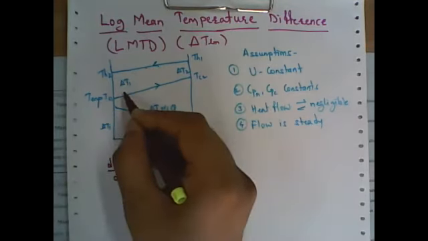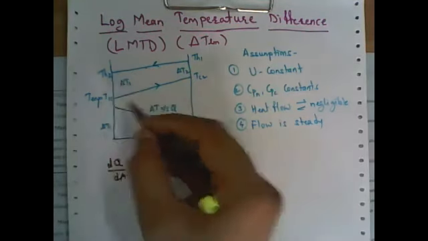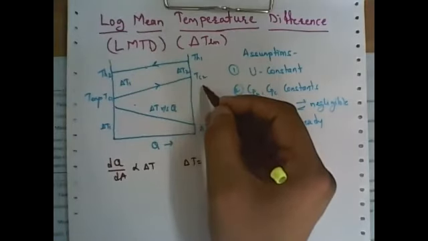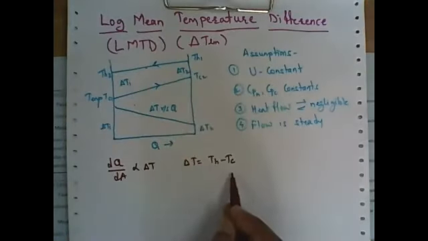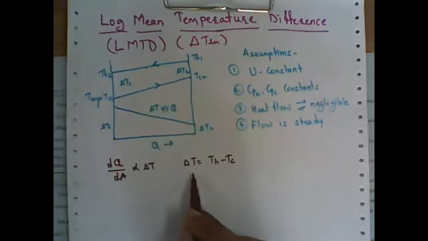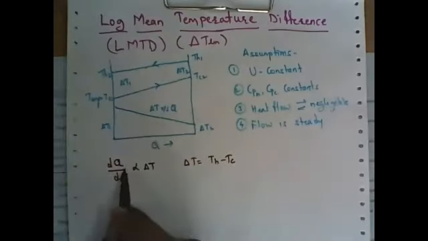Delta T1 may be TH2 minus TC1, and delta T2 is TH1 minus TC2. So generally I have written TH minus TC. The difference between hot fluid temperature and cold fluid temperature is the driving force for the heat transfer. Now this heat flux is proportional to delta T.